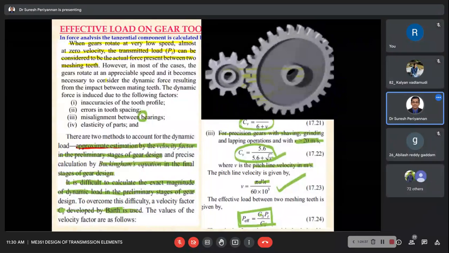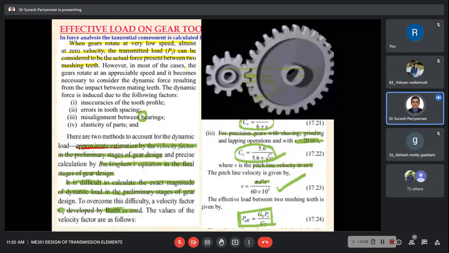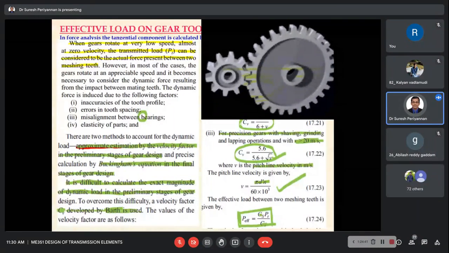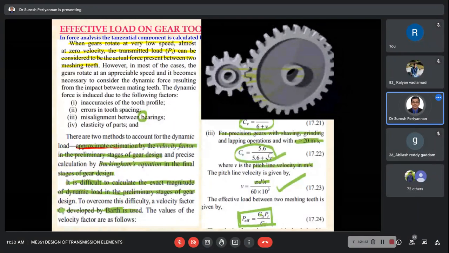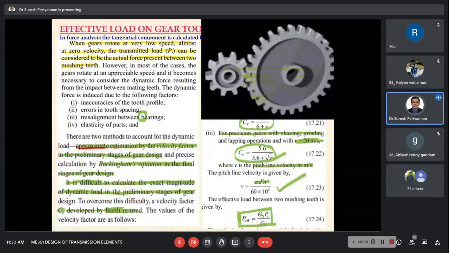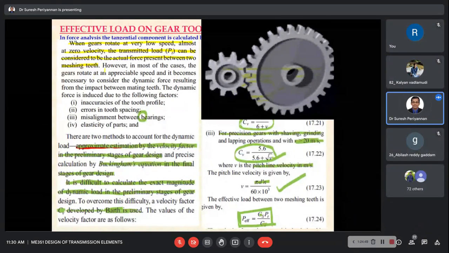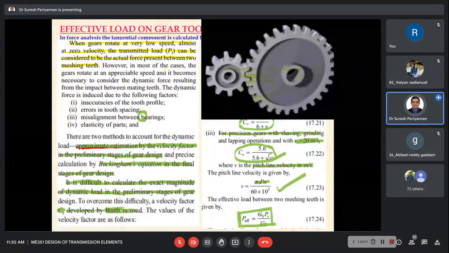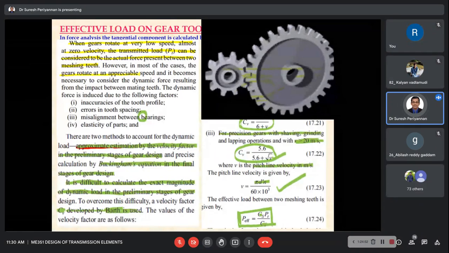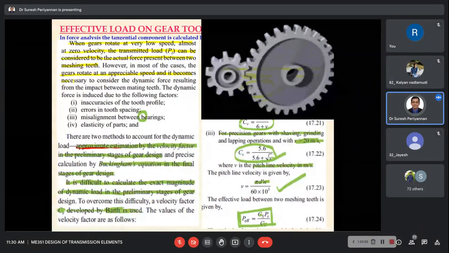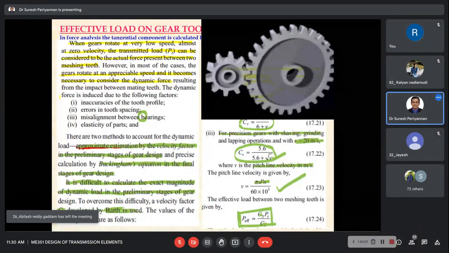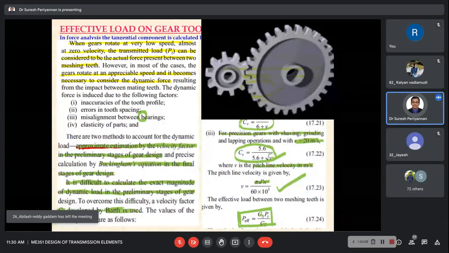Now, see here, why is it difficult to understand the dynamic load? That is what I would like to tell you. When the gears rotate at appreciable speeds, it becomes necessary to consider dynamic force. Here, this gear is entering.